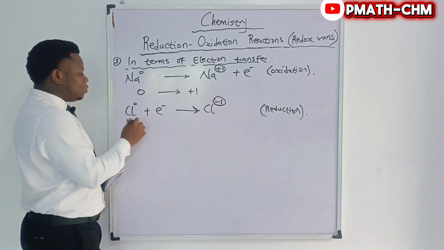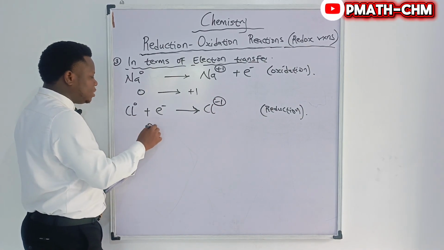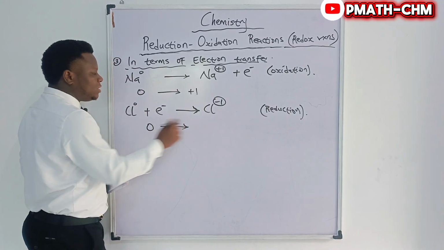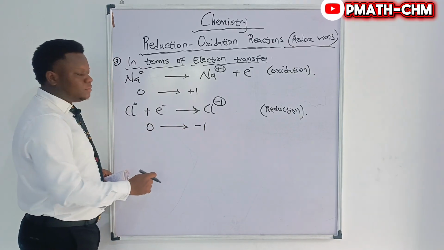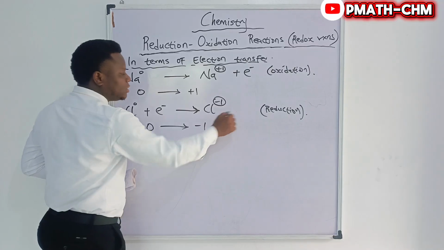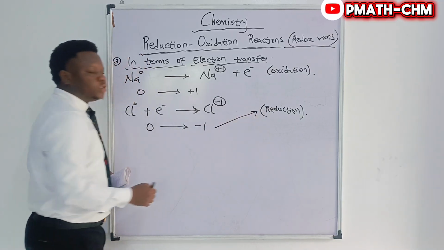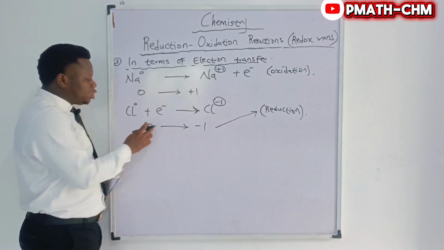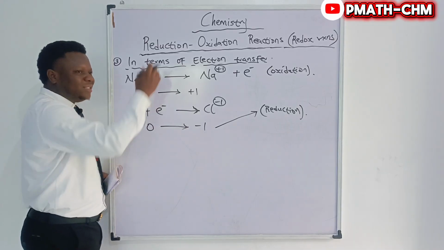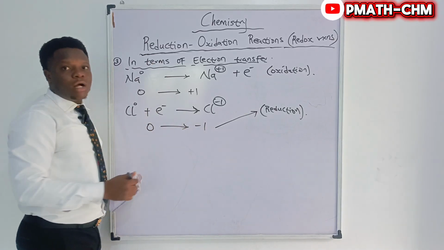So we can see that the oxidation number of chlorine reduces from 0 to -1. Hence, this process is called a reduction, because the oxidation number of chlorine reduces to -1.